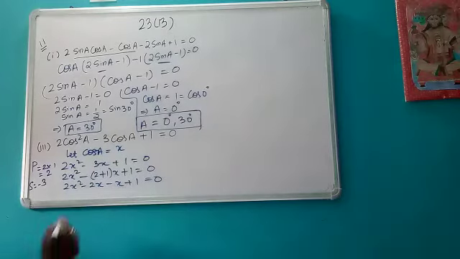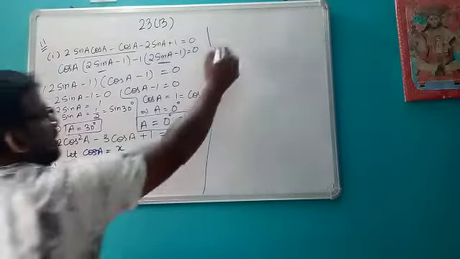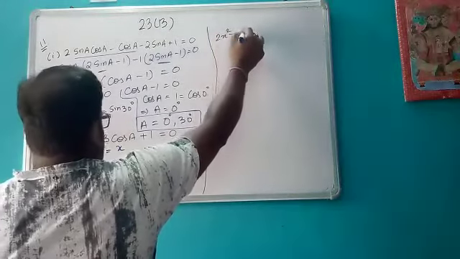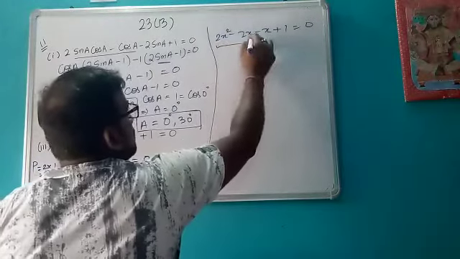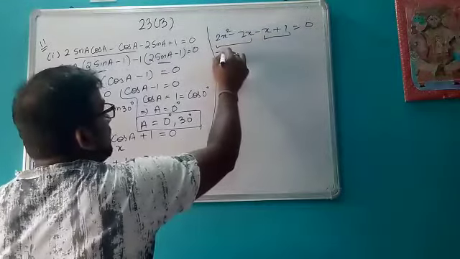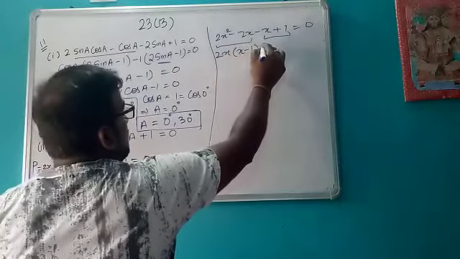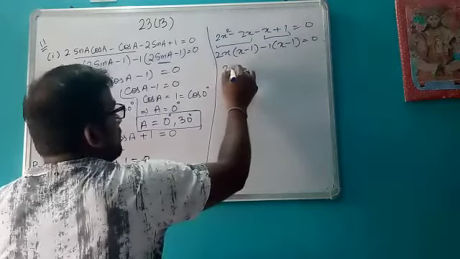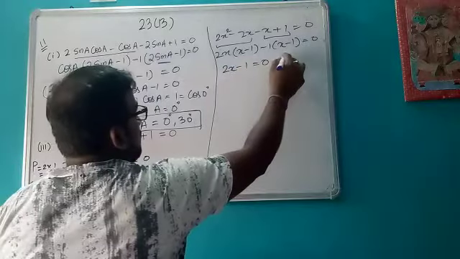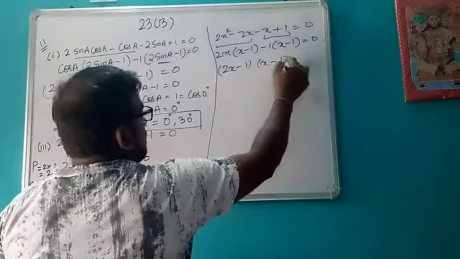Okay, so from here what I will do, this is one group, I will take 2x as common, so it becomes x minus 1, and in this minus 1 common, x minus 1 is equal to 0. 2x minus 1 is equal to 0, and finally you will get this expression.